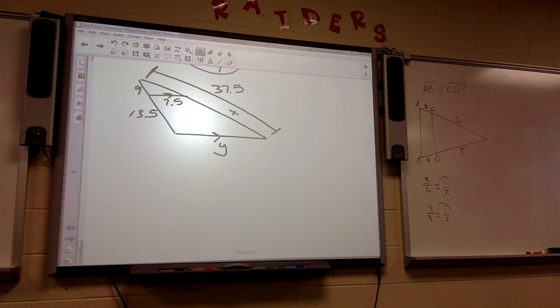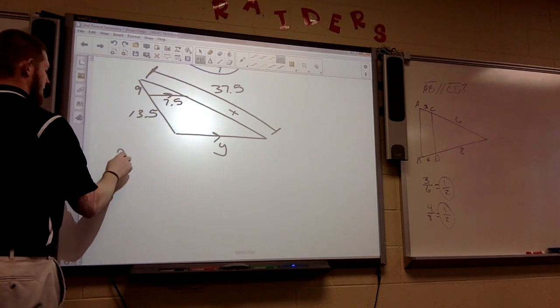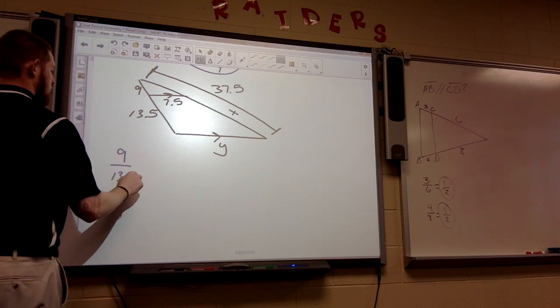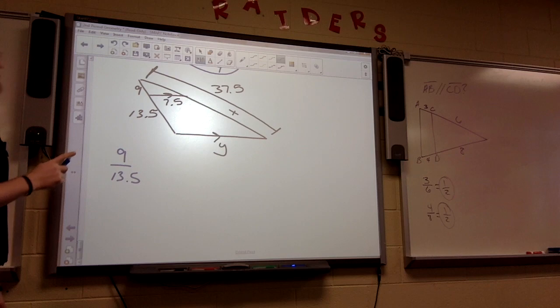What proportions can I set up? And you might have to do more than one here. Hey, Thomas, what's one that you see? You could do 9 over 13.5. Okay, so Thomas is doing 9 over 13.5. Now, can you do that if those lines were not parallel? No, but they are, so you're okay.